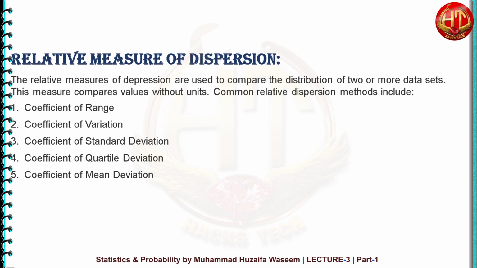Number 1, coefficient of range: when you compare the data according to their range, you calculate the coefficient of range. Then, to compare the data with the help of variance, you calculate the coefficient of variation, coefficient of standard deviation, coefficient of quartile deviation, and coefficient of mean deviation.